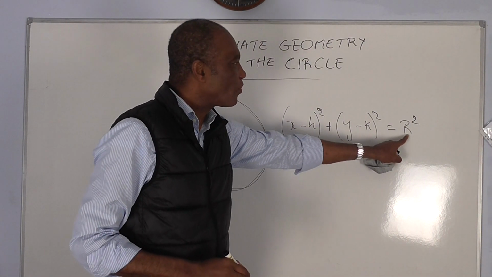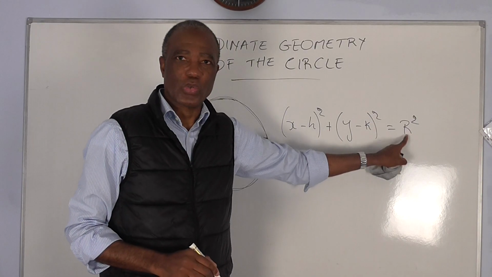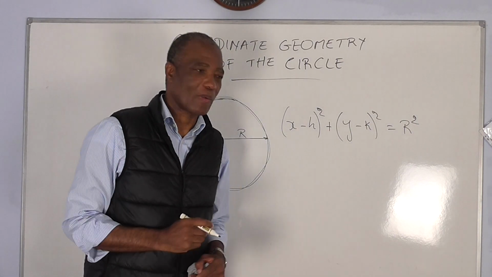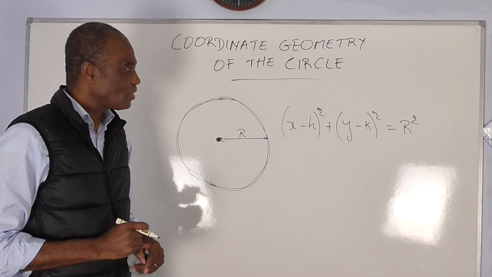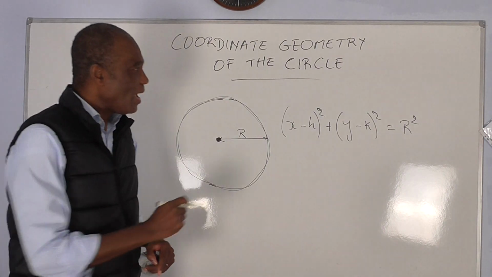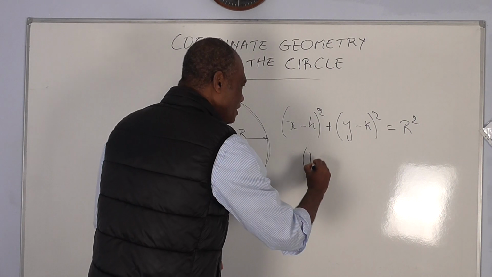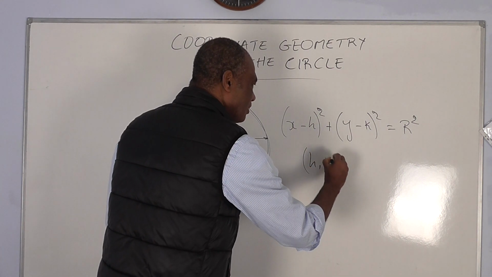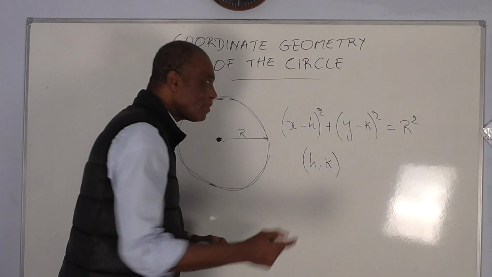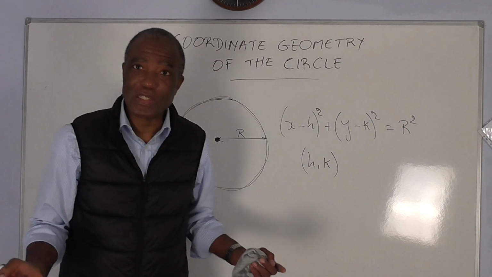R here stands for radius, the length of the radius. And h and k are the coordinate of the center.